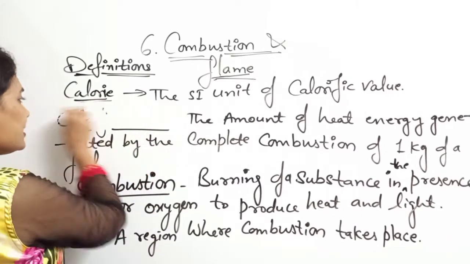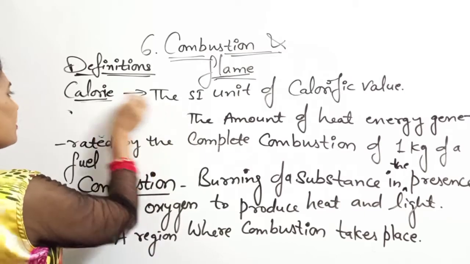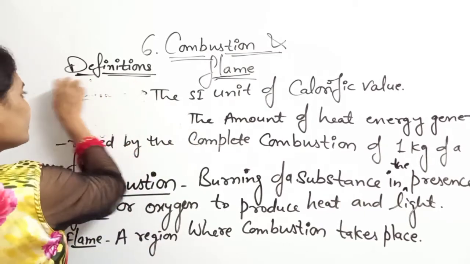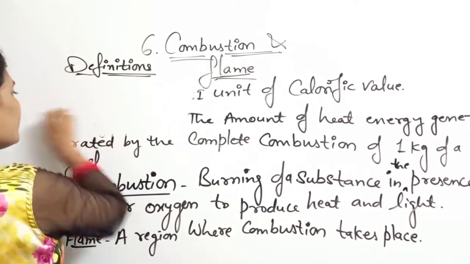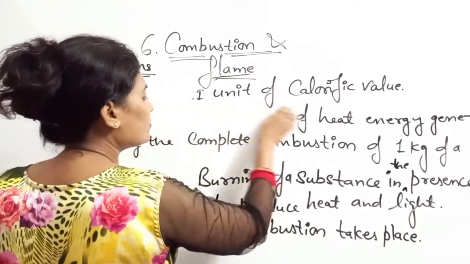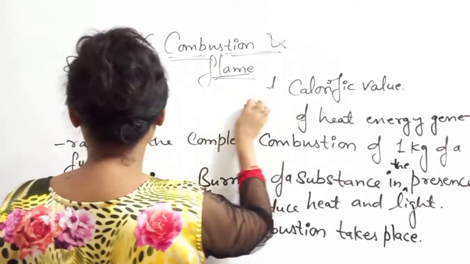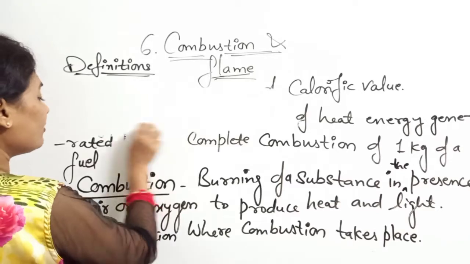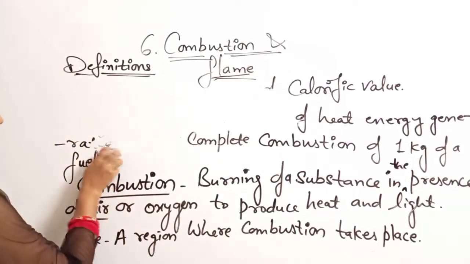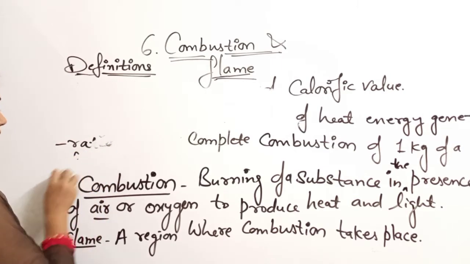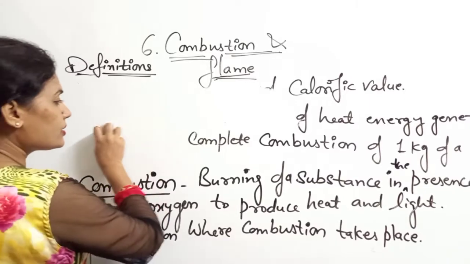You can write these definitions, you can pause the video and write them. Next definition is, there will be different types of combustion also according to the burning process. Rapid combustion is there, which burns rapidly, simultaneously.